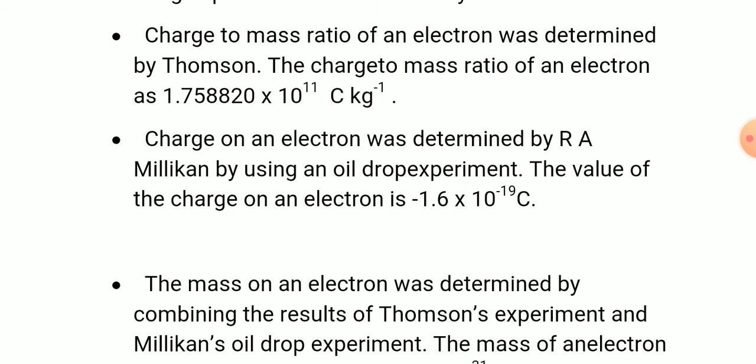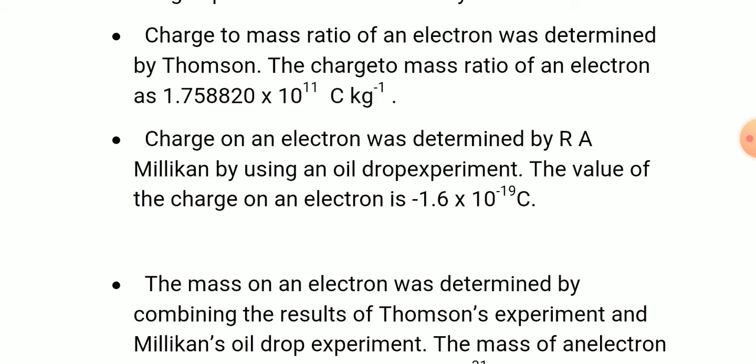And next point, the charge to mass ratio of cathode rays, that is, of the electron. The charge to mass ratio of an electron was determined by Thomson, and it is 1.758820 × 10^11 coulomb per kg, and this value never changes.